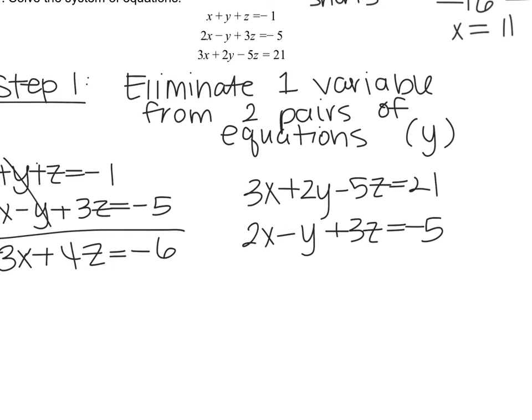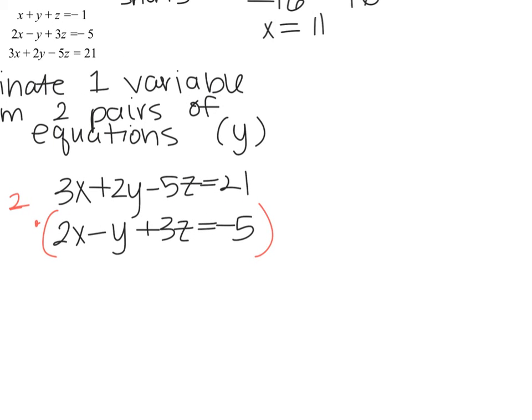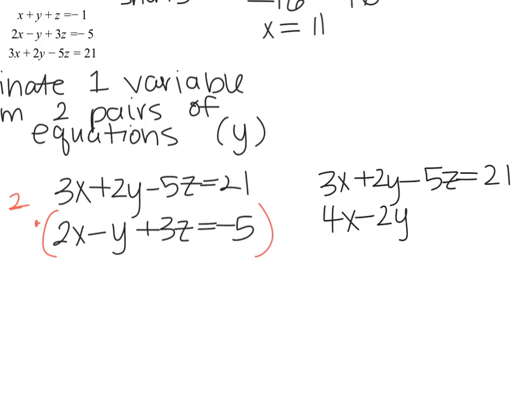But in order for y to cancel, I have to multiply my second equation by 2. That's now going to give me 3x plus 2y minus 5z equals 21, and 4x minus 2y plus 6z equals -10.